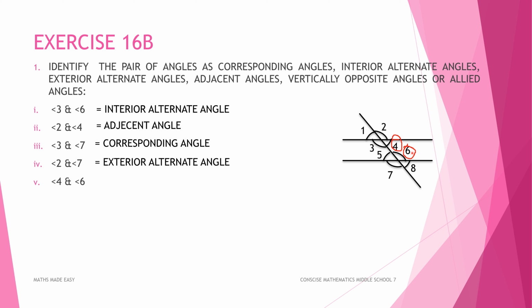Alternate means one should be right, one should be left, right? But here both are towards the right side, so it doesn't come under interior alternate angle. So which angle does it come under? See, it is on the same side, allied angles. It is arranged on the same side, interior. So it is allied angles.